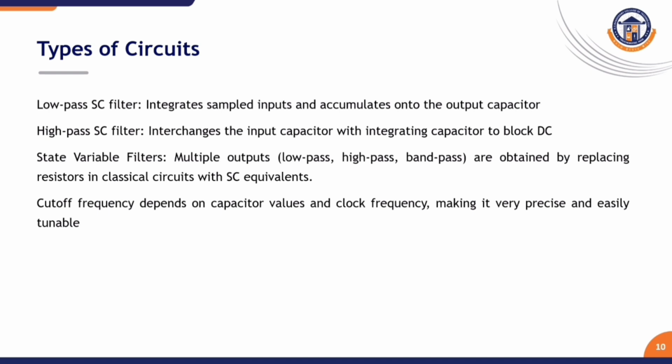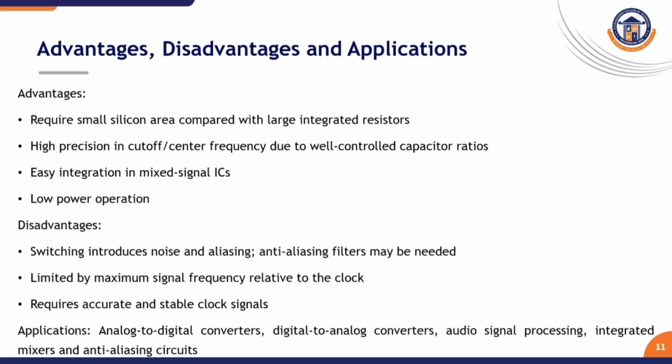Then state variable filters, which produce low pass, high pass and band pass outputs, are obtained by replacing the resistance in classical circuits with switched capacitance equivalents. The cutoff frequency depends on the capacitor ratio and clock frequency, making switched capacitor filters highly accurate and tunable.